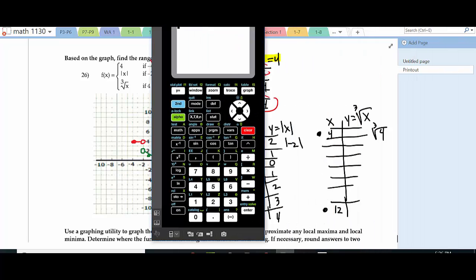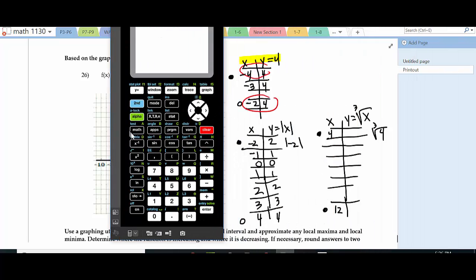On the TI that I'm going to use, the math button is where you find the cube root symbol, right? Write down a note if you need to. So if you go math, you should see the cube root on option number 4, okay? So I'll just do cube root of 4, and then use a decimal on that. That's about, we'll just say 1.6.